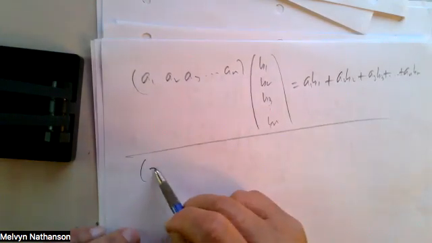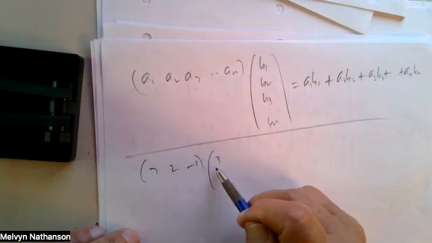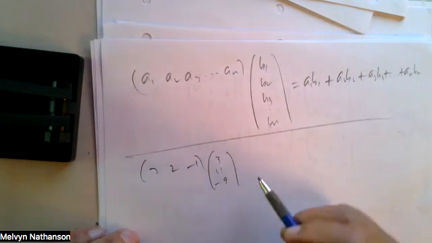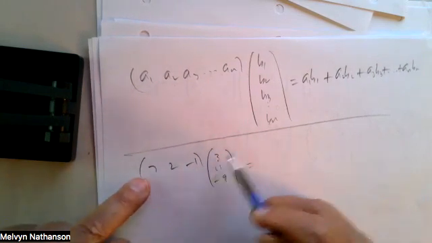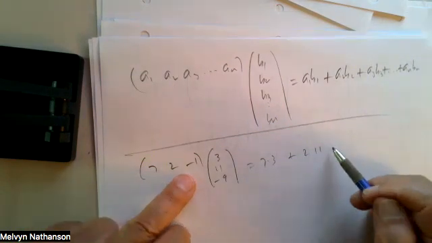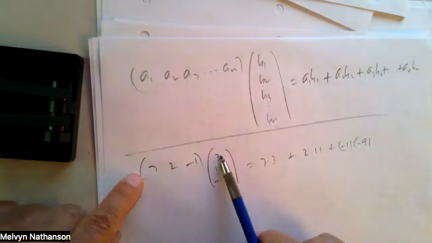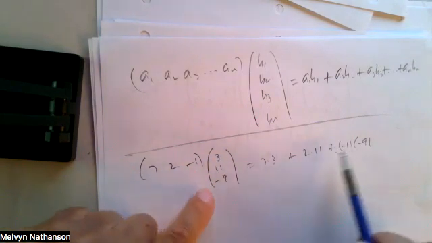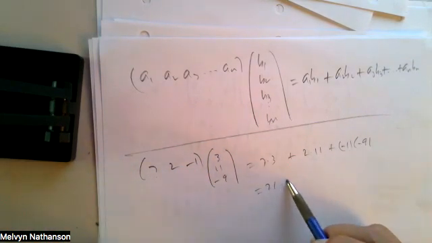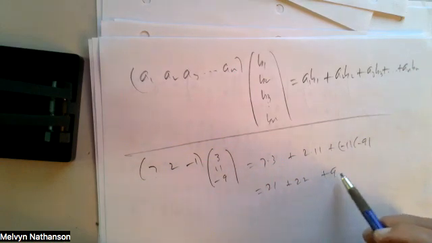So for example, if you had 7, 2, minus 1 times 3, 11, minus 9, what would that be? 7 times 3 plus 2 times 11 plus minus 1 times minus 9. First coordinates, second coordinates, third coordinates, and you add. That's 21 plus 22 plus 9.